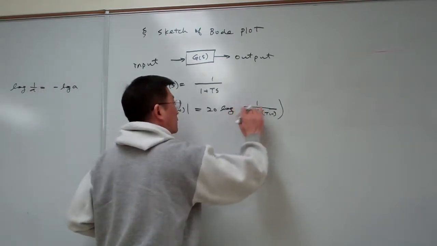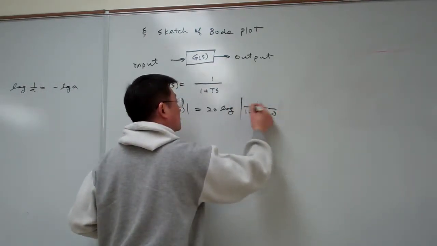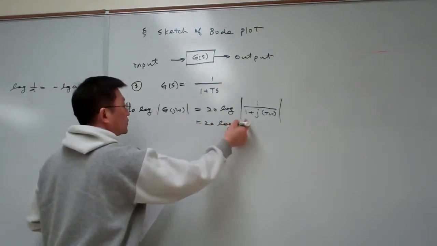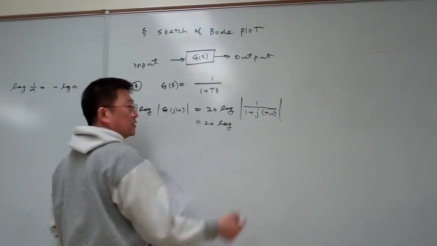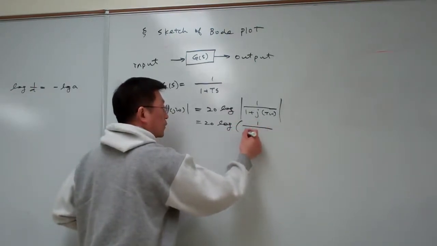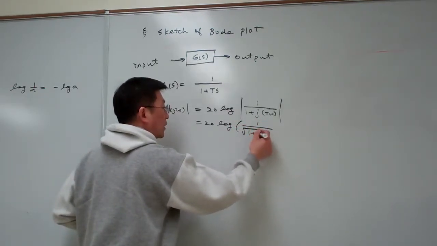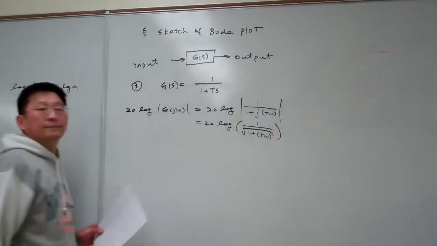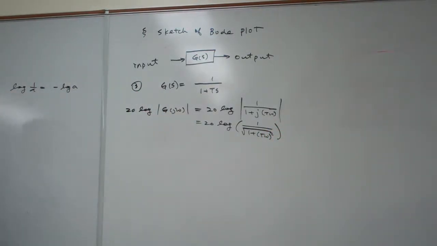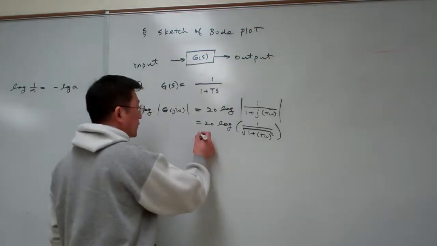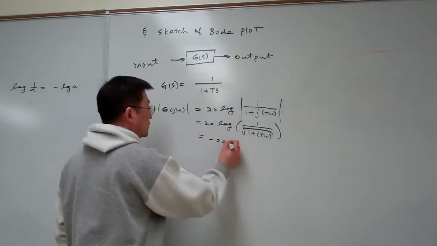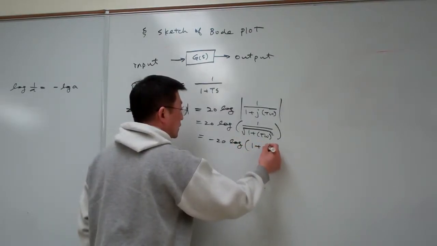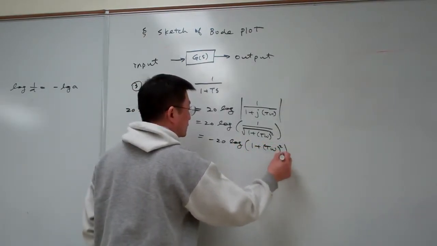The magnitude. Okay. So we keep calculating. The magnitude of this number is equal to the square root of 1 plus T omega squared, right? Okay, so this one we can simplify. So basically this one is minus 20 log of the square root of 1 plus T omega squared.